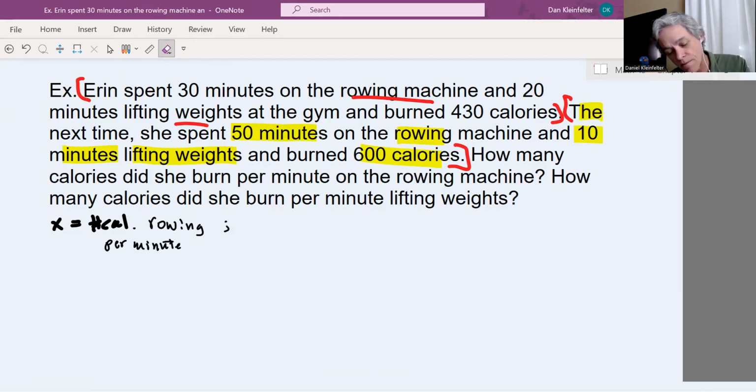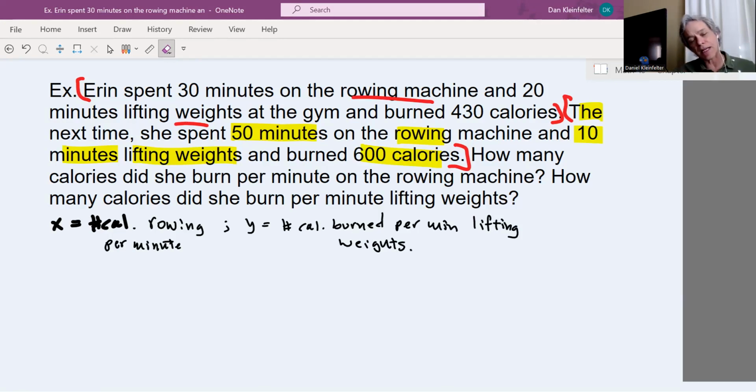And then Y will be the number of calories burned per minute lifting weights. It's a good idea to define what your variables mean. I know it can seem like it's extra work or takes extra time, but it really helps you get the right answer. It really helps you proceed through the problem if you're really sure what each of the variables represents.